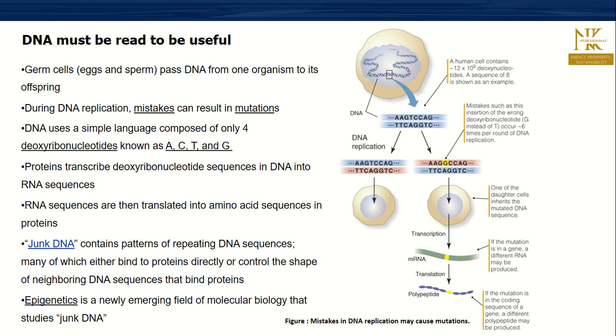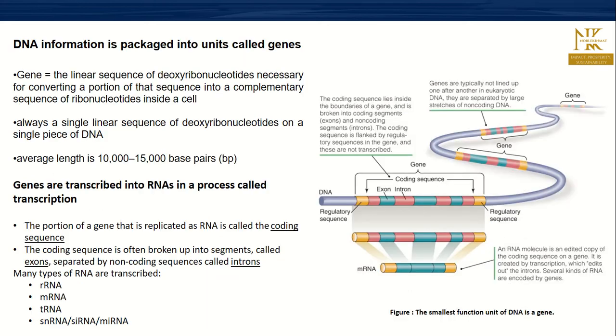It is also important for us to note that DNA is a simple language composed of 4 deoxyribonucleotides known as A, C, T and G. It is different in the case of RNA, where we have A, C, U, and G. But based on what we want to discuss today, how amino acids are gotten from the DNA sequences.